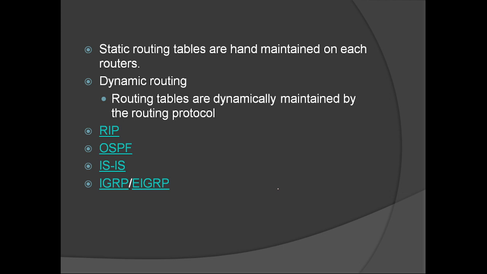Unlike with dynamic, routing tables are dynamically maintained by the routing protocol. An example is the RIP, OSPF, ISIS, IGRP, EIGRP. So I'll be discussing that on other topic. Especially you'll be encountering that sa laboratory. You're going to configure different routing protocols on Cisco Packet Tracer.